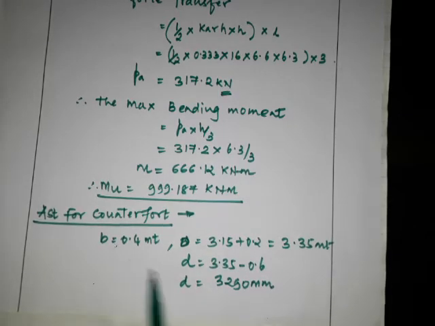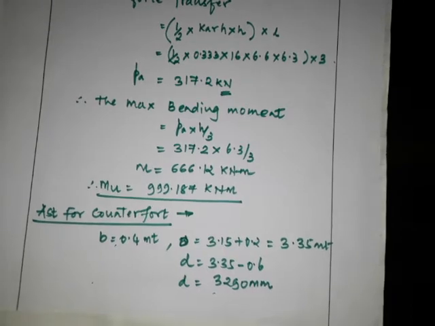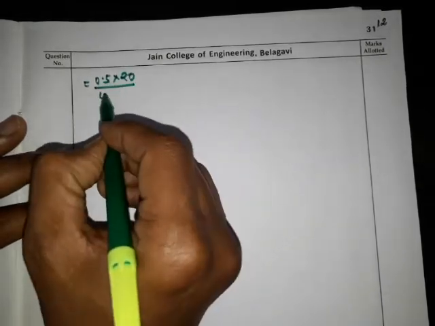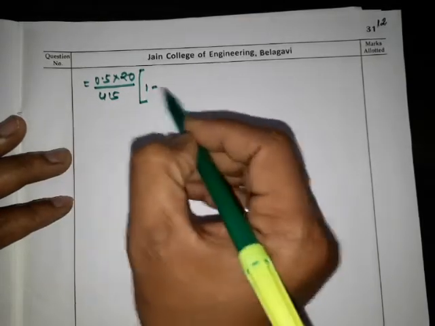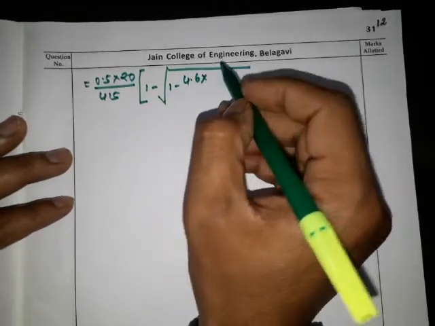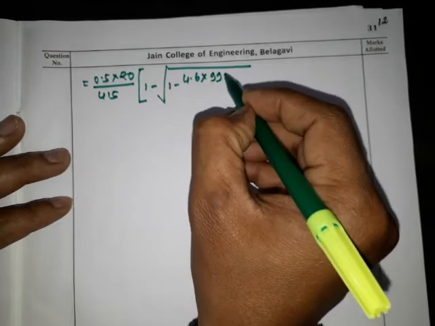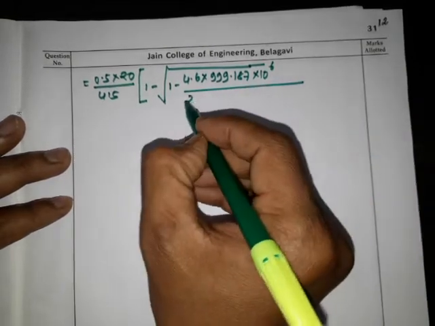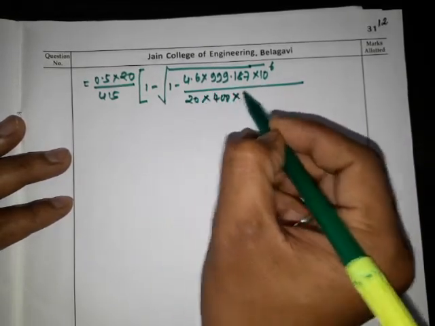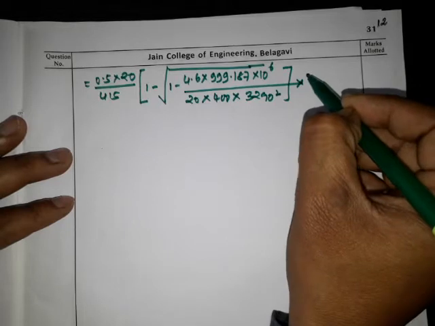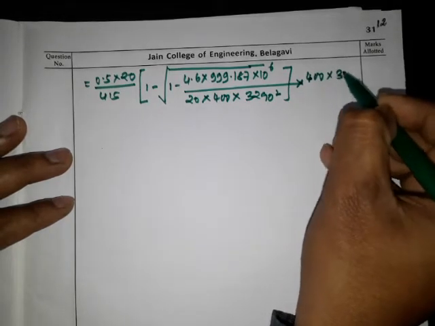For that you have to use B is equal to 0.4 and D is equal to 3290. Okay, so therefore AST is 0.5 FCK 20 upon FY 415 into bracket of 1 minus square root of 1 minus 4.6 MU, which you already have, that is 999.187 into 10 to the power 6, divided by FCK into B, which is 400, into D squared, D is 3290.